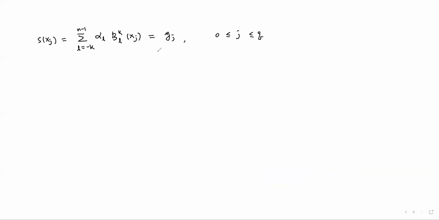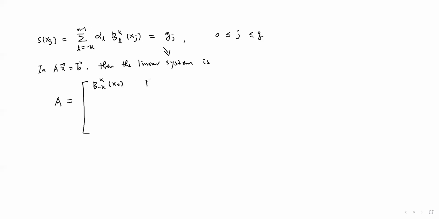If I write this linear system as a matrix equation, then the matrix A has first row B_{-k,k}(x_0), B_{-k+1,k}(x_0), up to B_{n-1,k}(x_0), with l from negative k to n minus 1.